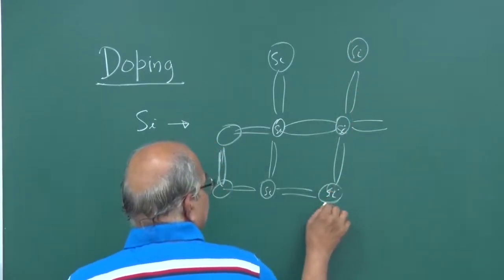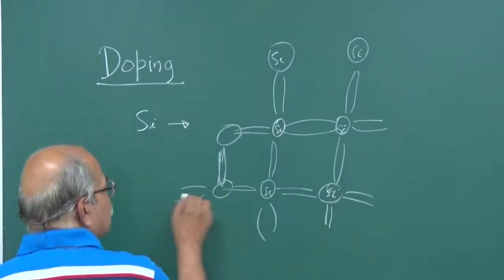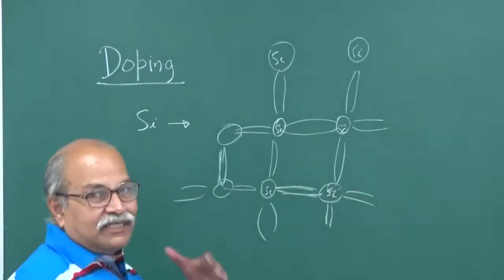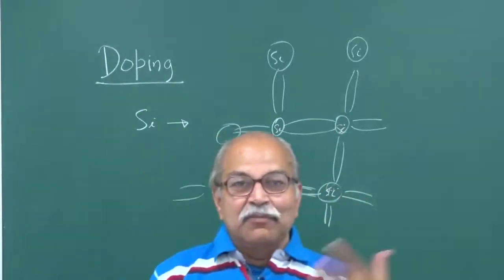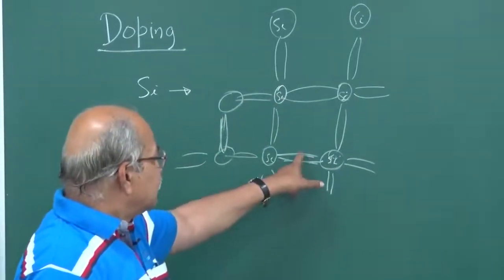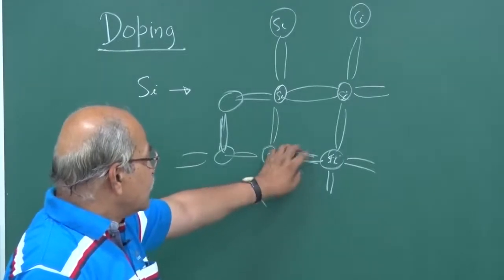Okay, so don't confuse this with a double bond, right? 2 lines are also used for double bond, triple bond and so on. Here these are to represent that it is a covalent bond and 2 electrons are in this bond.